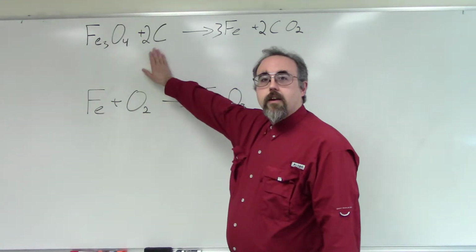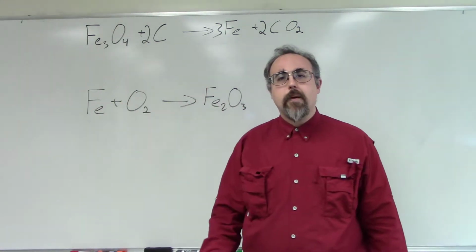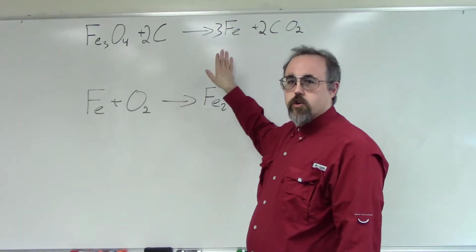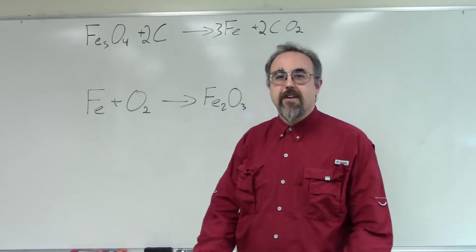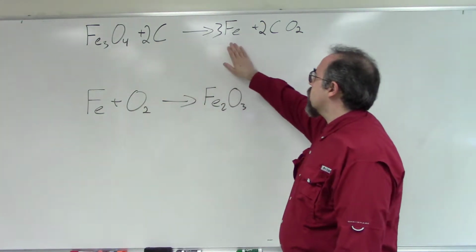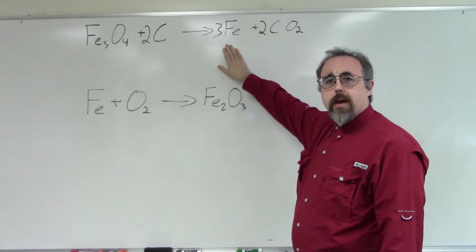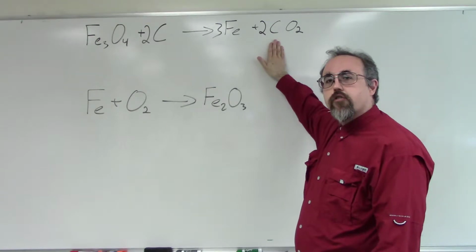That's going to be reacting with carbon. There's going to be some oxygen involved in order to get the heat up, and this is actually a fairly streamlined version of this reaction, but I am removing the details for better clarity. We're going to be reacting with carbon, and in the process we're going to get iron metal and then carbon dioxide. So this is basically a single replacement reaction.